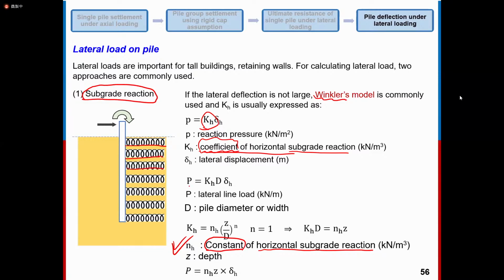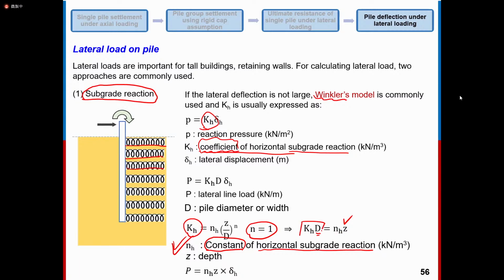You will see that for the coefficient KH, when we assume n is equal to 1, KH multiplied by D is equal to NH multiplied by Z. Z is the depth, and D is the pile diameter or width.